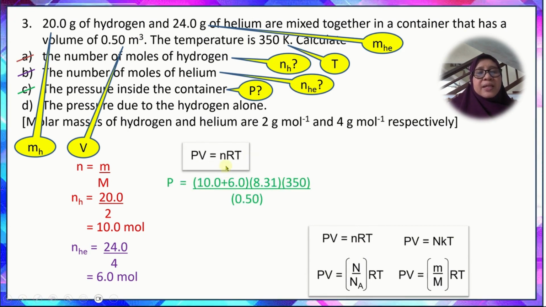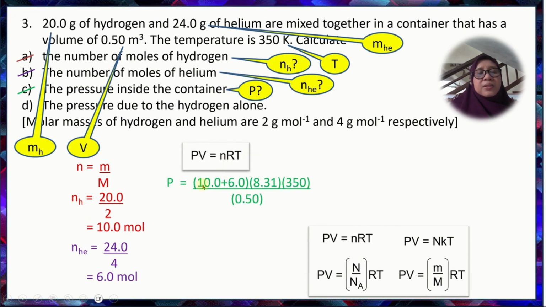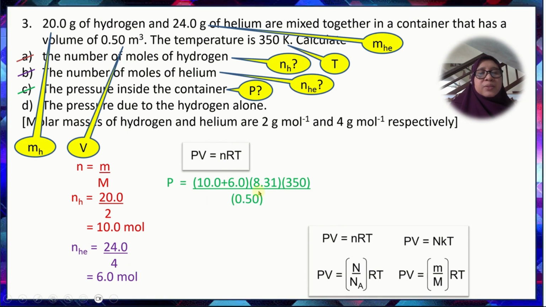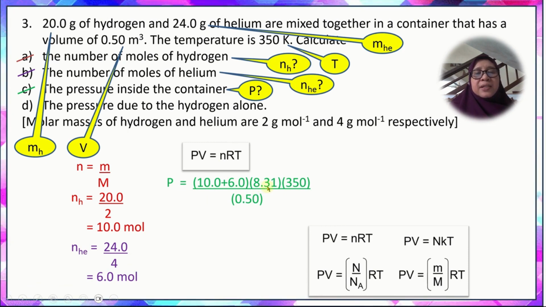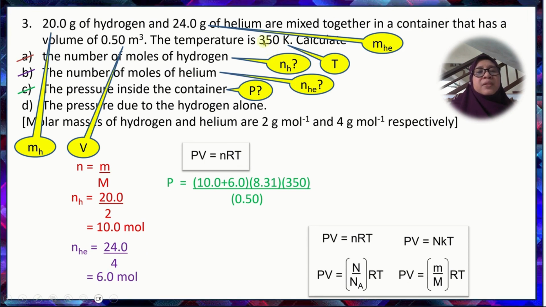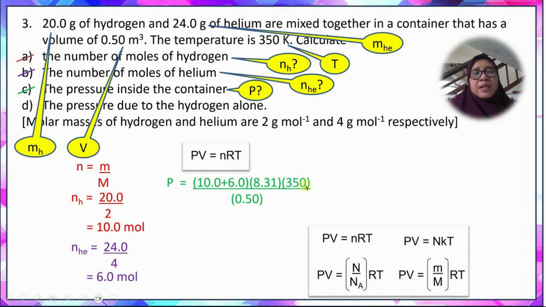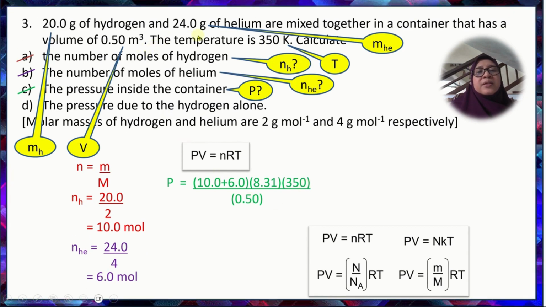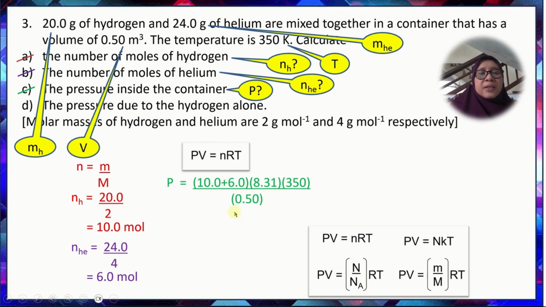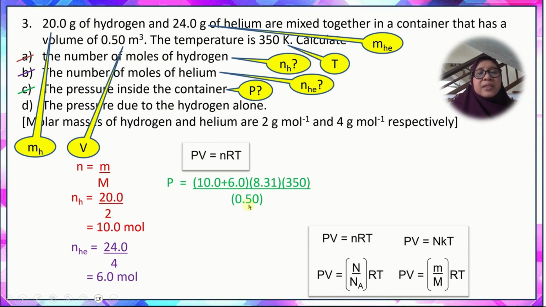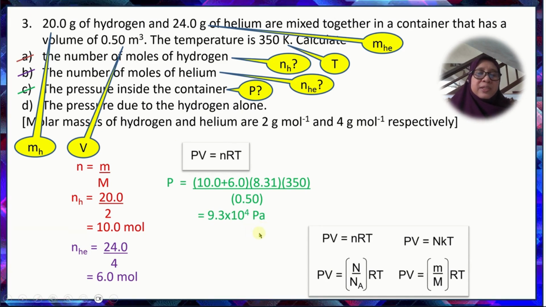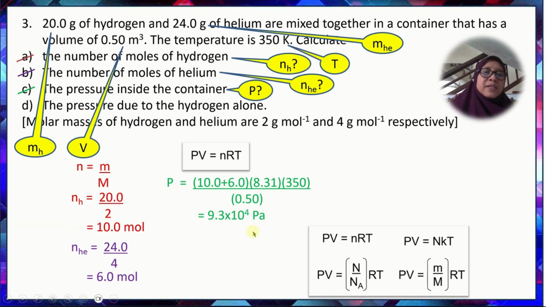So N will be a total of 10 mole plus 6 mole. R is 8.31, and the temperature of both mixed gases, helium and hydrogen, will be 350 Kelvin, and the volume of the container is 0.50. So you get the pressure 9.3 times 10 to the power of 4 Pascal.